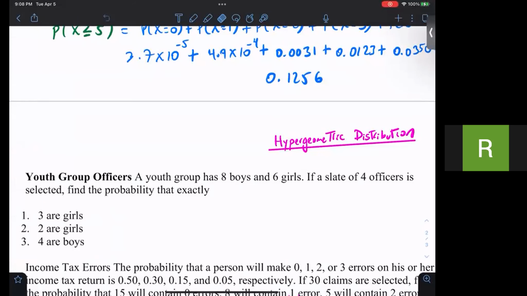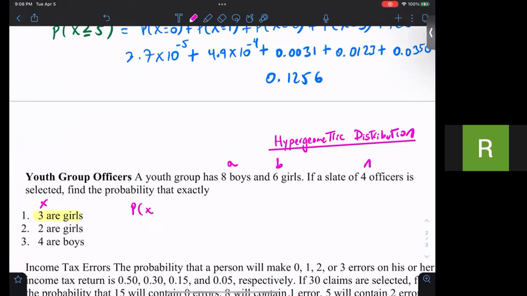So let's go back to the problem and try to solve it based on these definitions. A youth group has 8 boys and 6 girls, so these are the type A and the B. If a slate of 4 officers is selected, this is the sample size, n. Find the probability that exactly 3 are girls, so this is little x.